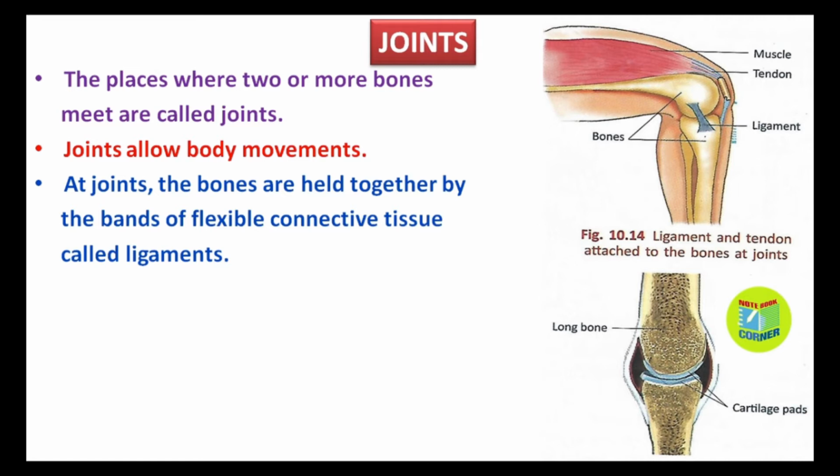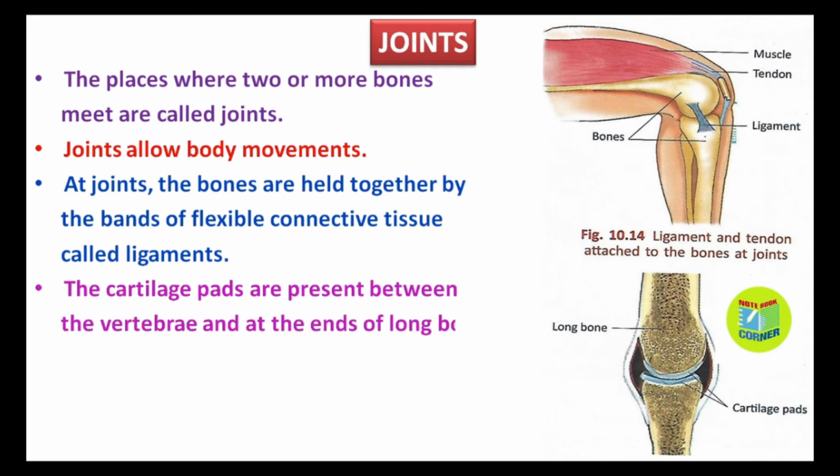It acts as a cushion between the bones, reduces friction between the bones, and absorbs the shock. The cartilage pads are present between the vertebra and at the ends of long bones.